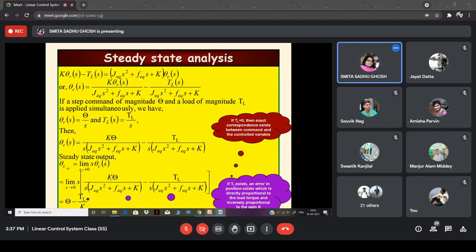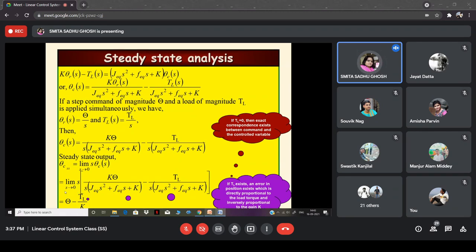In the numerator you have K capital Theta, and in the denominator you have K. So this first part of the expression is going to boil down to capital Theta only. The second one, you see again, this s cancels out with this common s, and again this s is 0, this s is 0. So you are left with T_L by K, with a negative sign. So ultimately, the steady state output is going to be capital Theta minus T_L by K. Okay, so that is my steady state output.